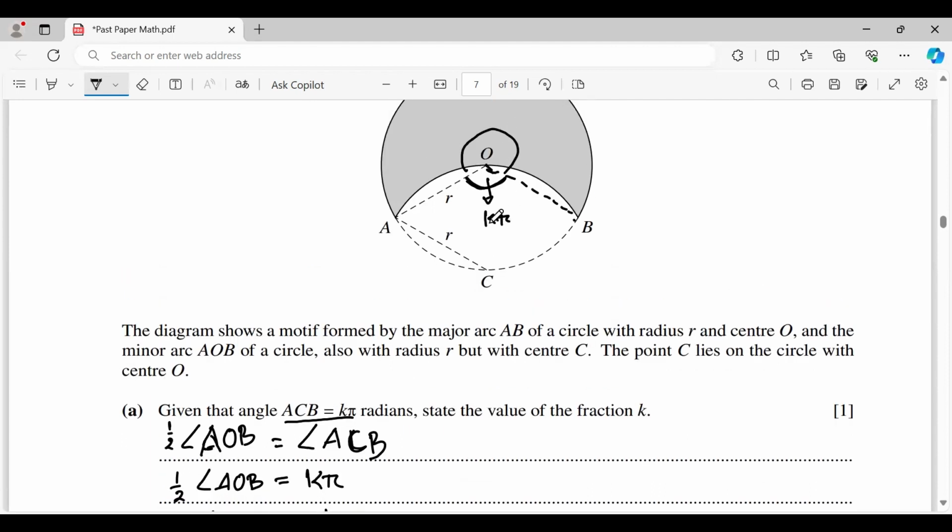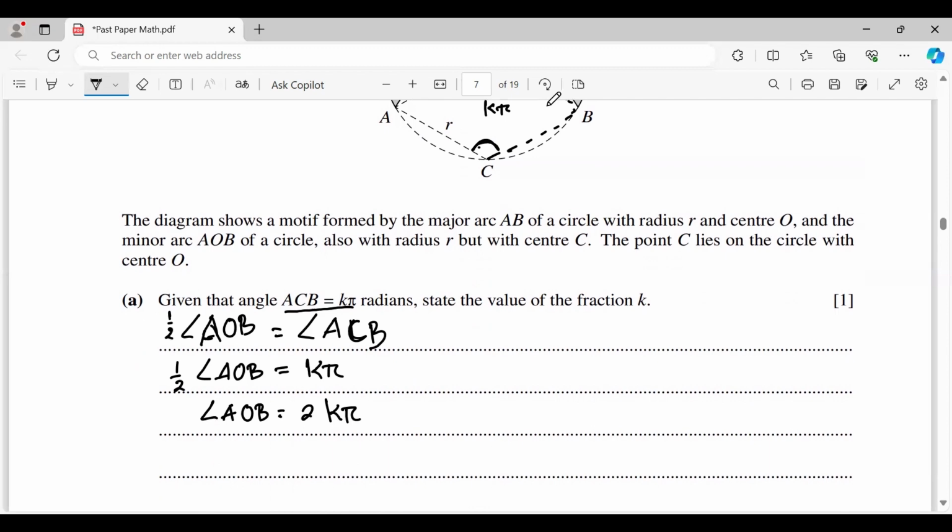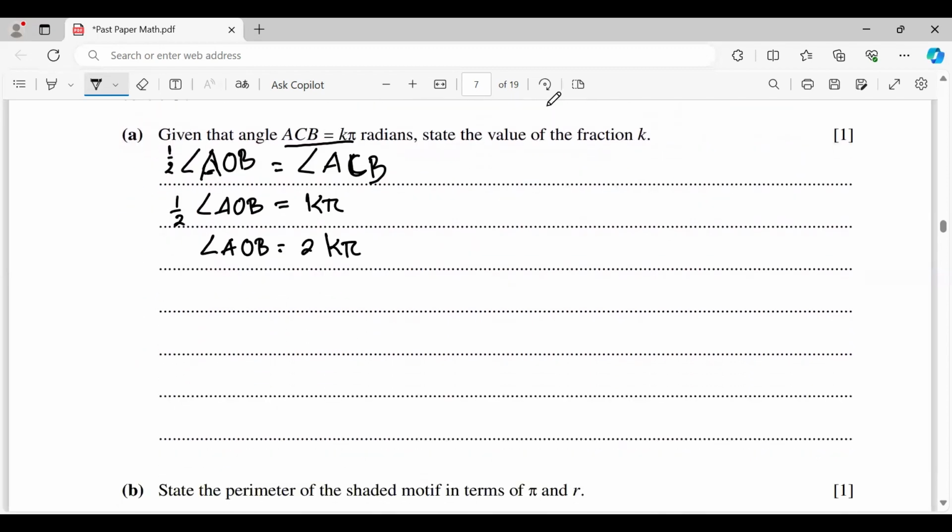This angle, I mean, because this is a rhombus, so this angle is the same as this angle. So based on this information, AOB, the major shaded area, this angle is 2k pi, right?